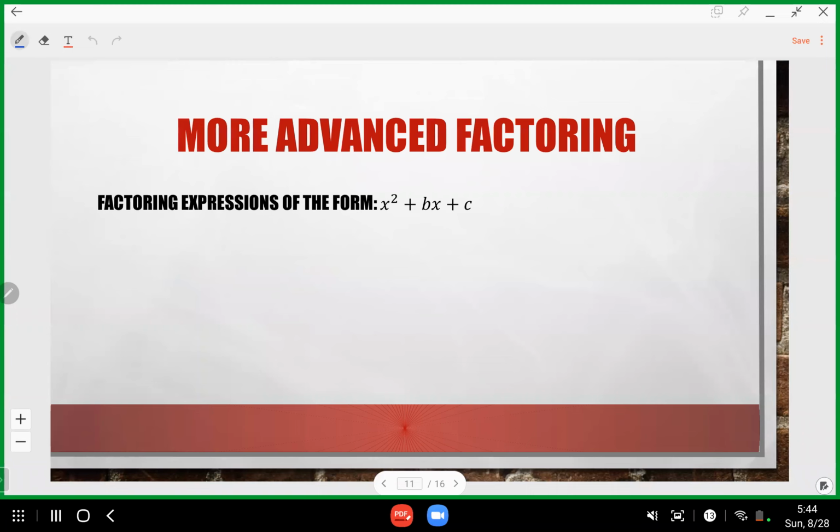So now I'm going to go over some more advanced factoring. Let's factor some expressions of the form x squared plus bx plus c. So what you need to do is look at this c. List factors, or think of factors, of the c.